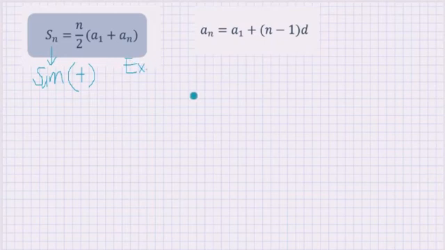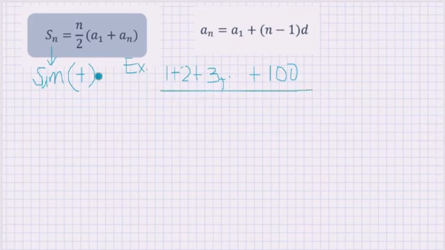When we try to get the sum of the first 100 numbers, we have 1 plus 2 plus 3, and so on and so forth, up to 100. Let's get the sum of these 100 numbers, so the sum of 1 up to 100.